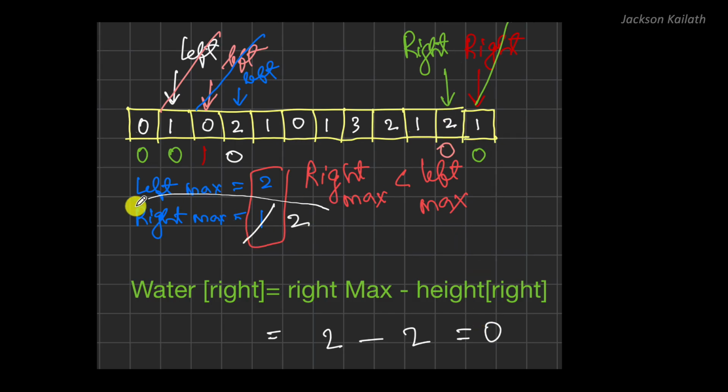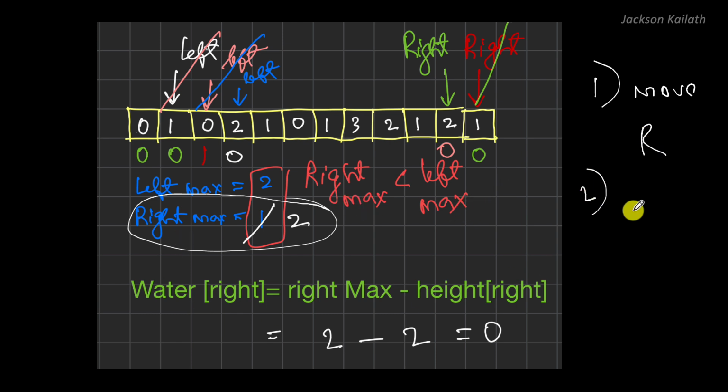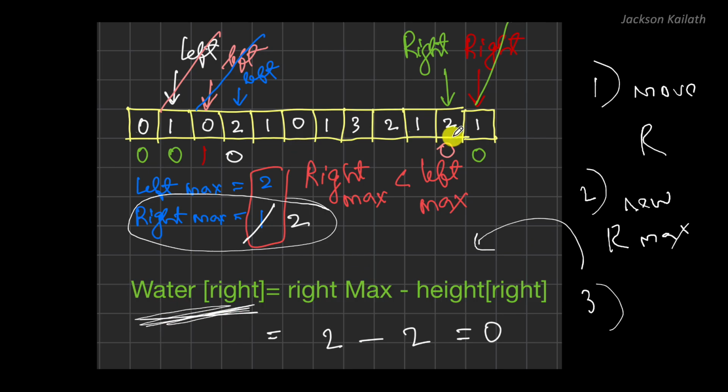So I update the right max value, and then, so again, what are the steps? One is that I was able to decide to move the right pointer because right max was less than left max. The second step is update the right max or compute the new right max. And then we can say water at index right, which is at this position, will be right max minus height at right.